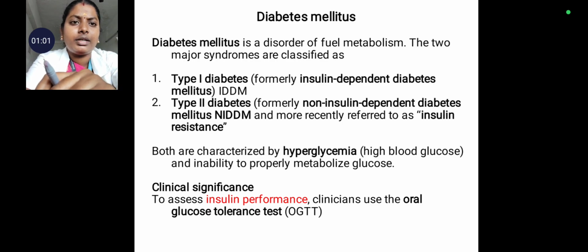And type 2 diabetes is non-insulin dependent, and it is also referred to as insulin resistant. Both are characterized by hyperglycemia, and the inability to properly metabolize the glucose level. So to assess the insulin performance, physicians use the oral glucose tolerance test.